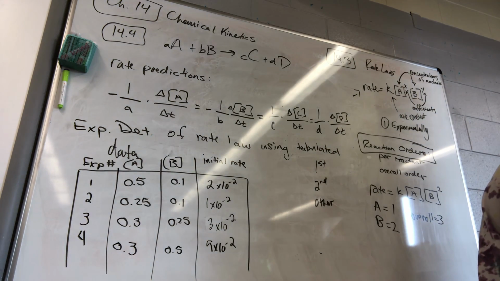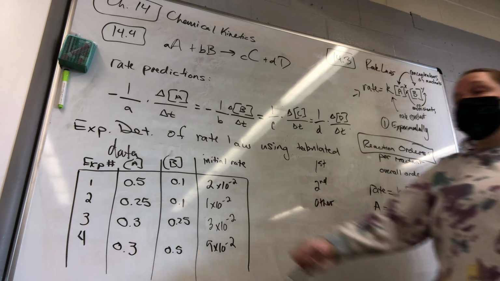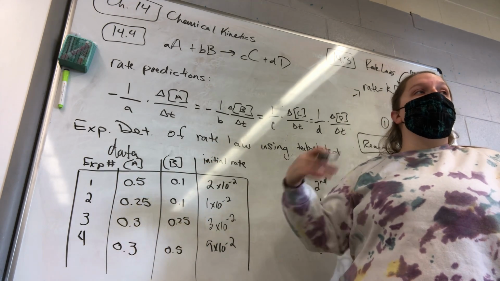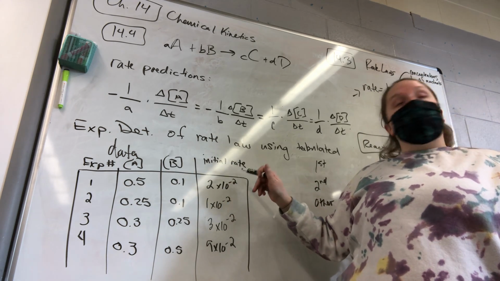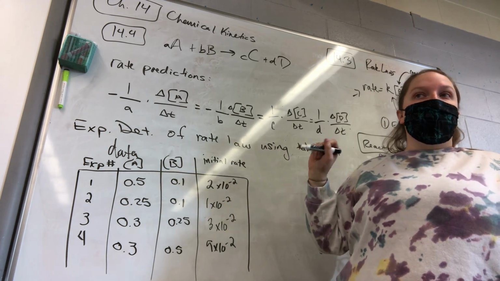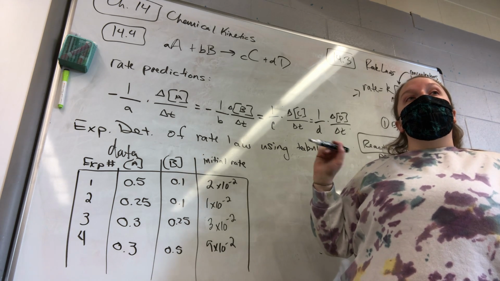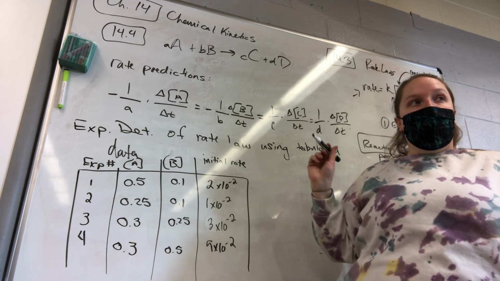All right, so we have this table of data that lists different experiments that were done. What we did was we held things at different concentrations initially, and we calculated what the initial rate was as a result of those initial concentrations. Remember, when we do this, we're trying to determine a rate law, okay?